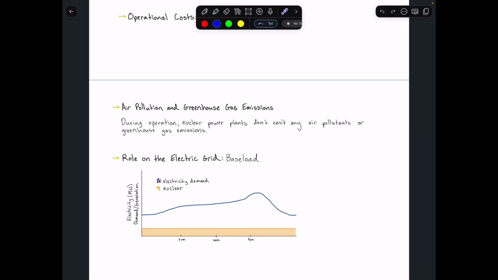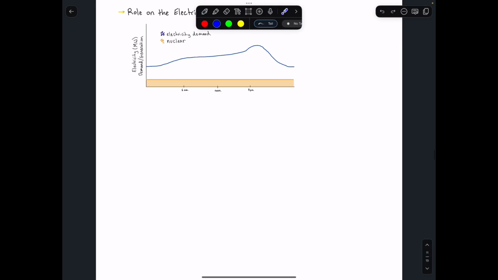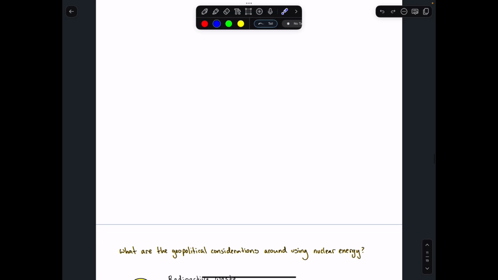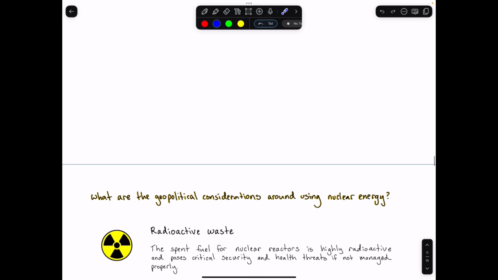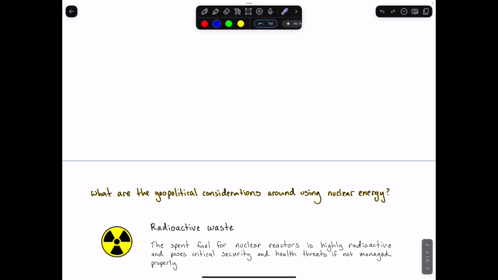All right, and now on to our last section, which has a lot of information here: the discussion of geopolitical considerations around using nuclear energy. So the first consideration, and probably the most concerning one, is the radioactive waste.